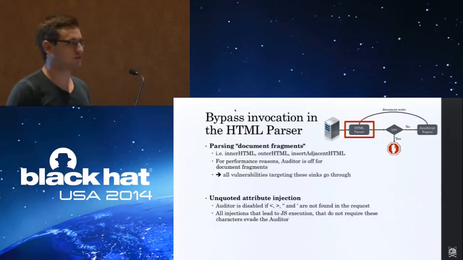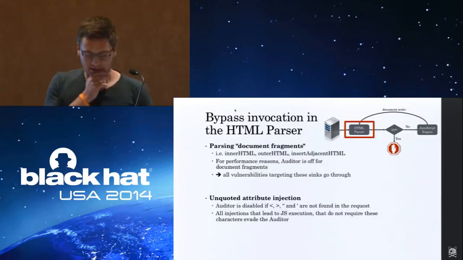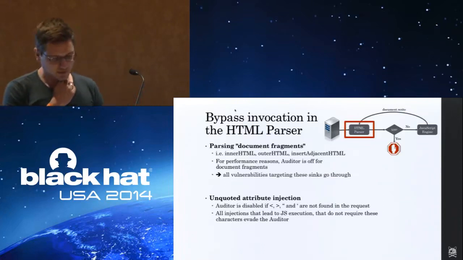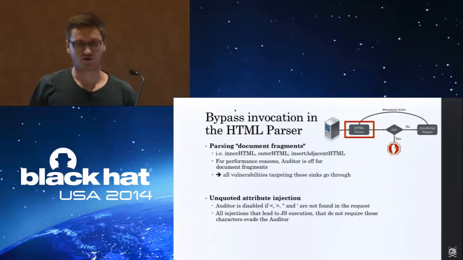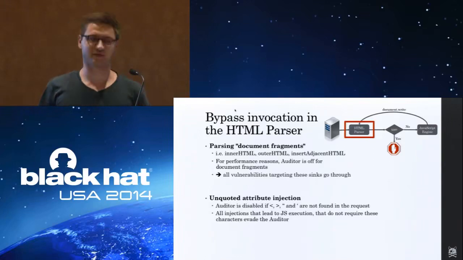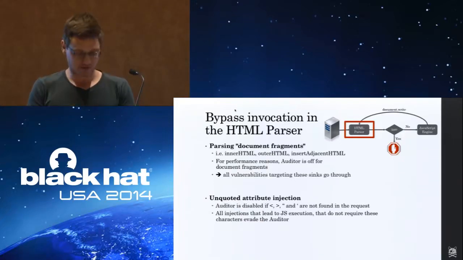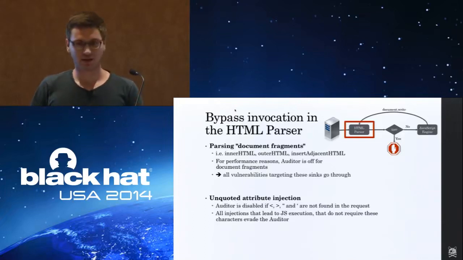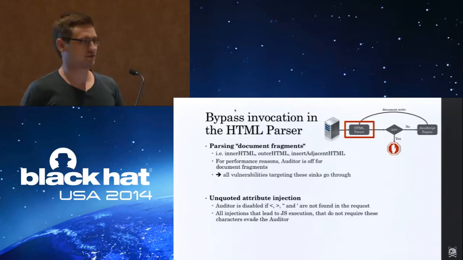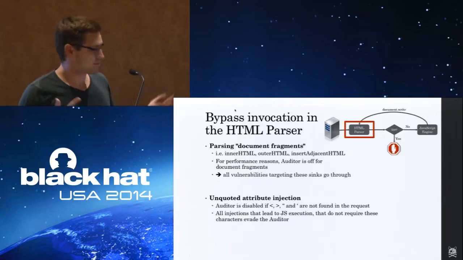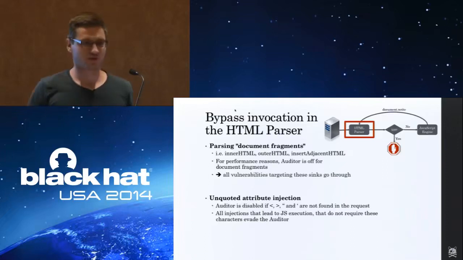The second part is what Martin also briefly talked about, the so-called unquoted attribute injection. The auditor is disabled if those 4 characters are not found in the request. But depending on the situation, and we found a lot of that stuff out there, you might have situations where the user input, something coming from the URL, is written to an attribute without using any quotes. That means in order to break out of this attribute, I don't need the single or the double quote, and depending on what kind of attribute it is, it might be an iframe, for example, where I can then use one of those JavaScript URLs.